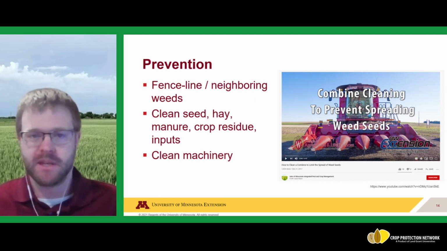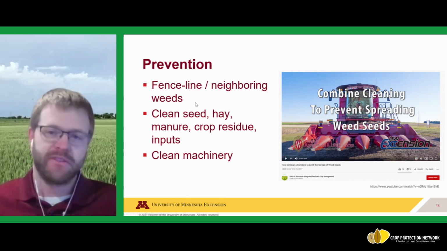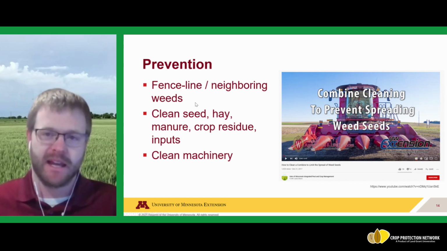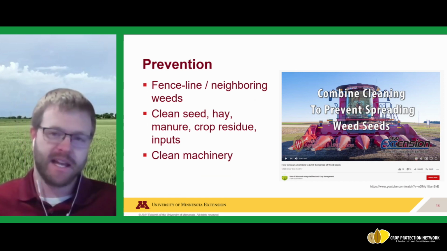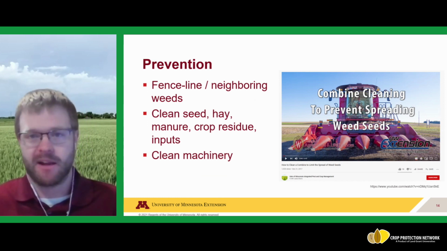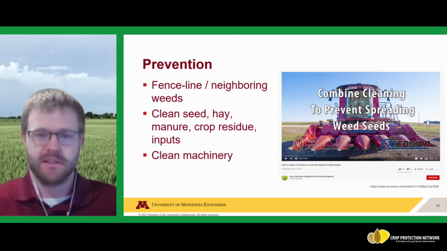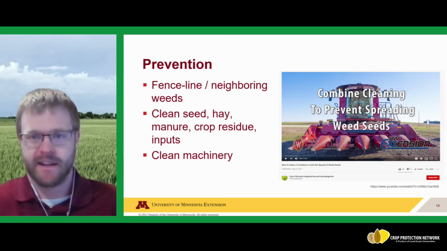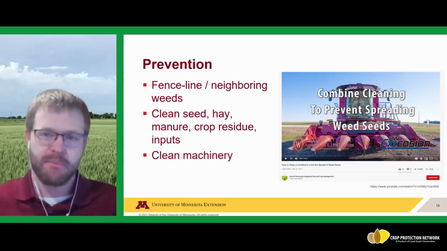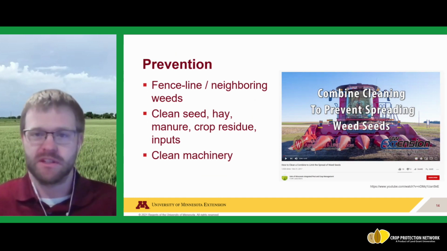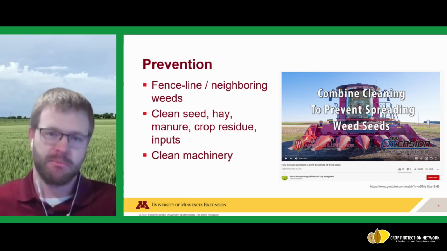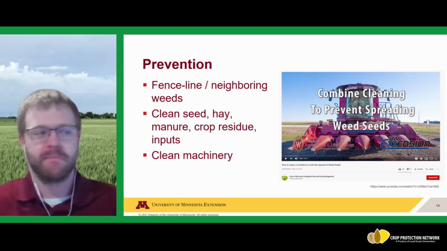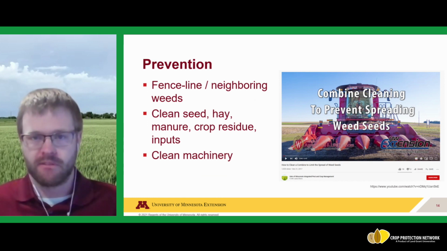Even though it might not be in the field you're scouting, those fence line weeds are oftentimes the start of an infestation. A good example there is giant ragweed, which is pretty prolific in fence line areas. And even though they might not be competing with crops and causing issues in the field, over time it's pretty easy for those weed seeds to either be spread by wildlife or pulled in by equipment, especially if we think about harvesting soybeans.